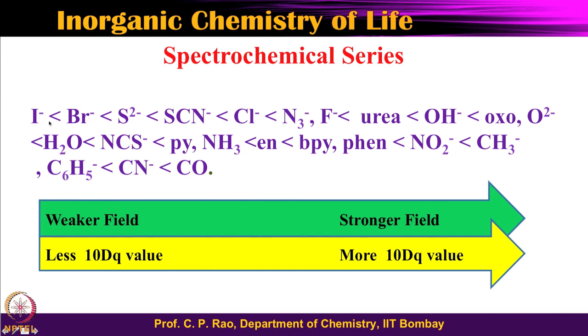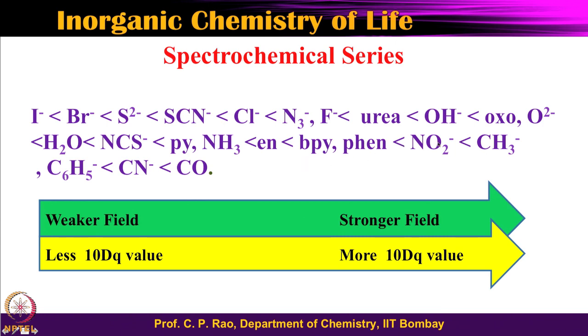Now, you see this is I minus, Br minus, Cl minus, F minus. That means in the initial part you have almost the halides, in the next you have hydroxo, oxo, water, etc., the oxygen ligands. Then you have pyridine, ammonia, ethylenediamine, bipyridine, which are all nitrogen kind of ligands.